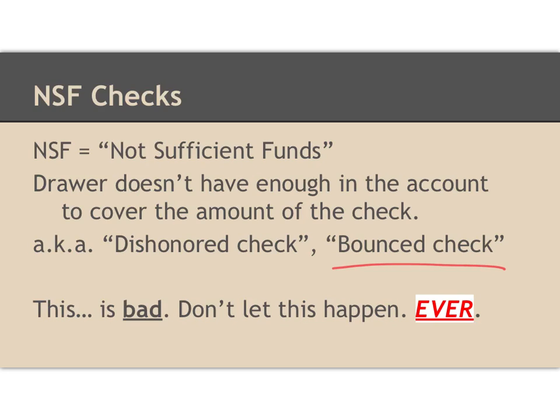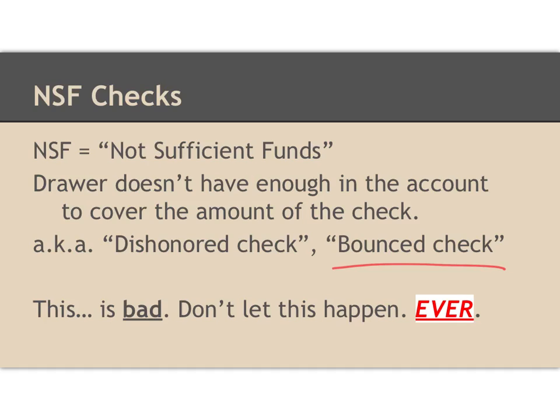So the idea of a check bouncing is the idea that it was presented for payment, and when the banks put their heads together, they realized the issuer of the check, the drawer of the check, did not have enough money to actually issue this check. And so the check is bounced back to you as the potential depositor or cashier of this check for you to figure out what you're going to do about it.